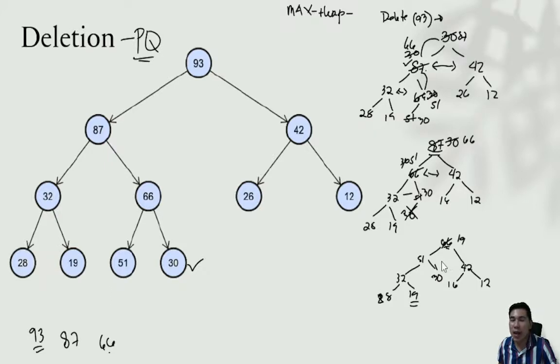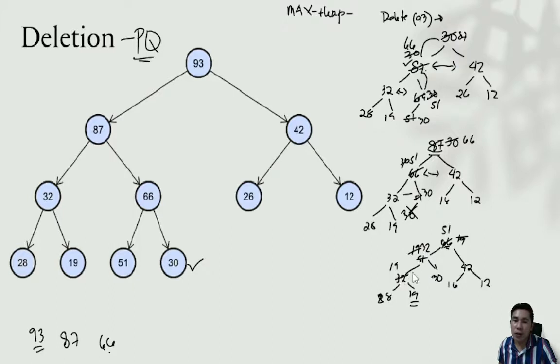Since 51, you'll have here 19, and then you have here 51. Which one is greater? 32. Therefore, what you will need to do is swap 19 and 30.